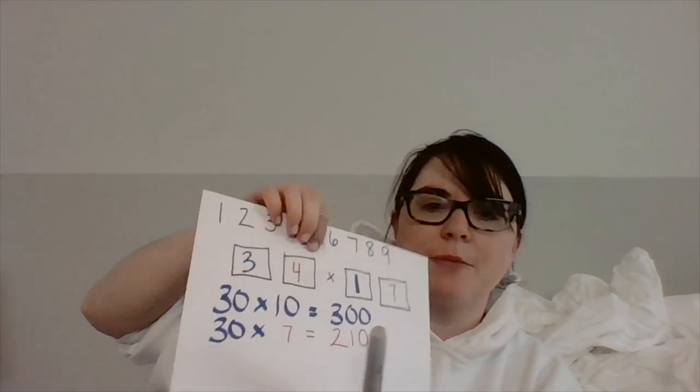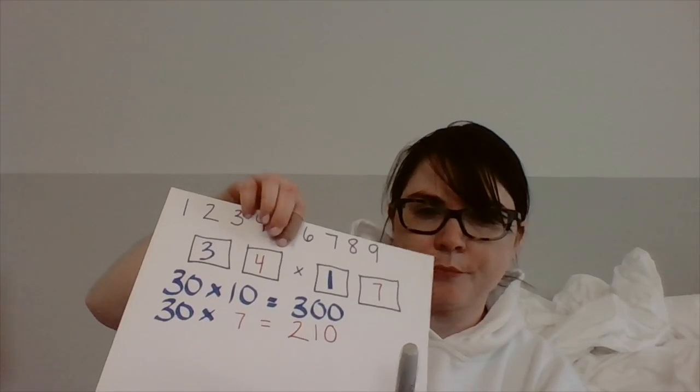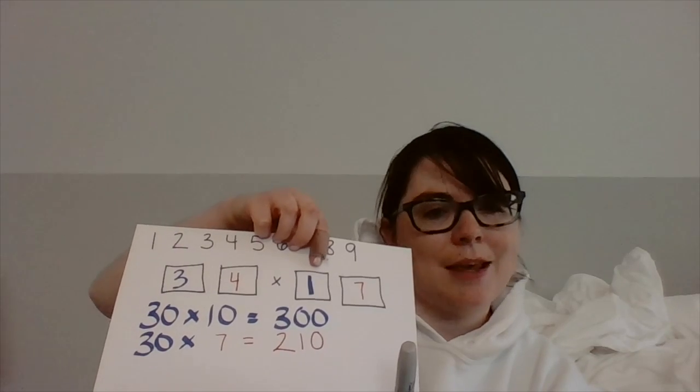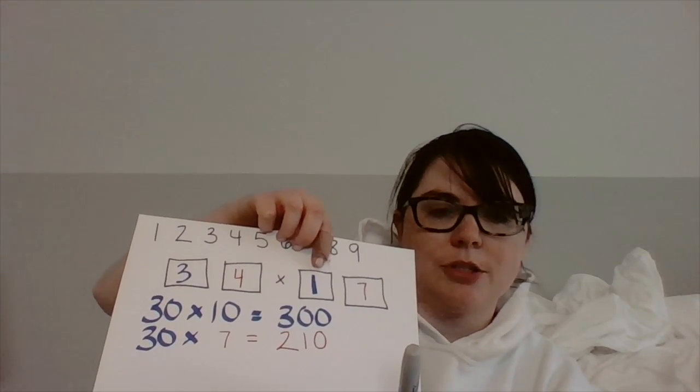Now I'm going to multiply the ones place in my first factor with the tens place in my second factor. So that's 4 times 10, and that will give me the value 40.